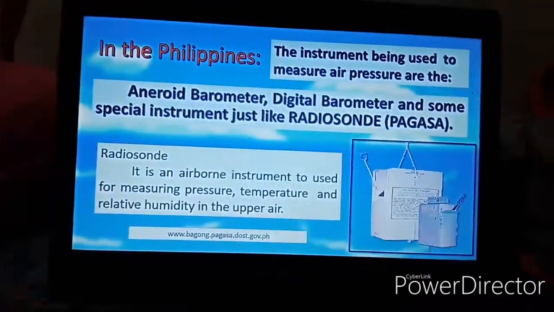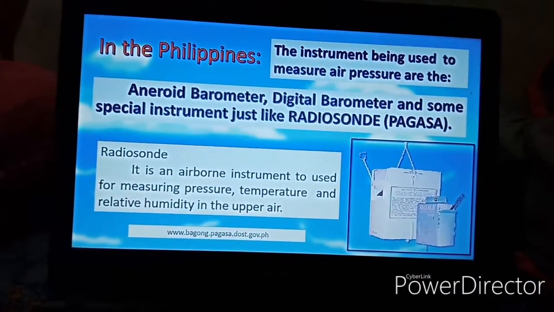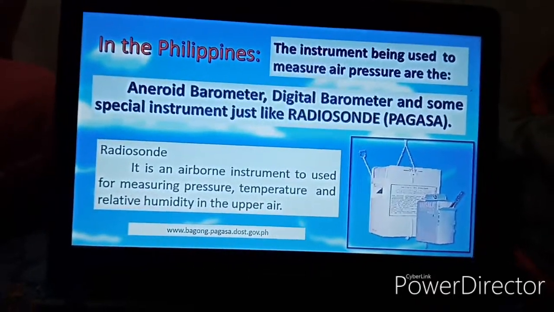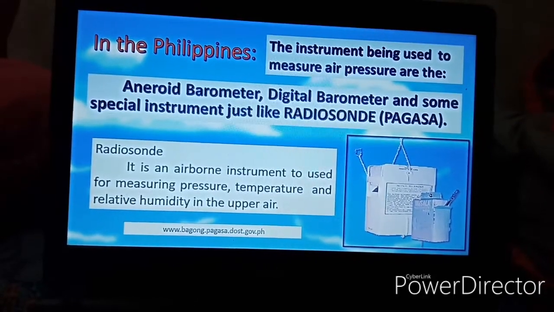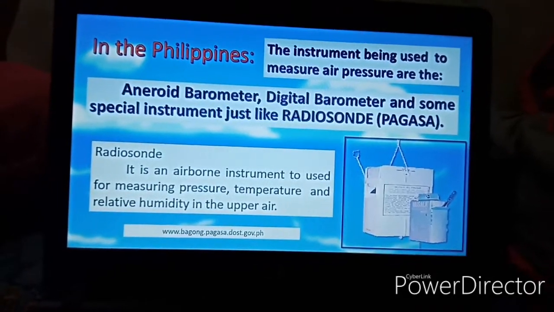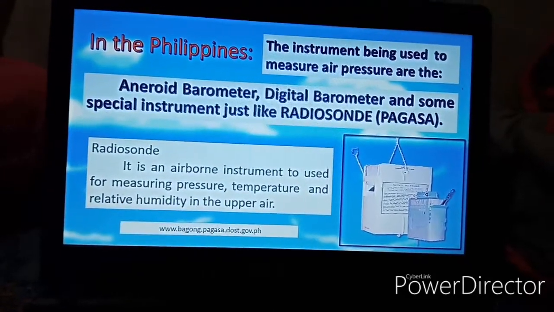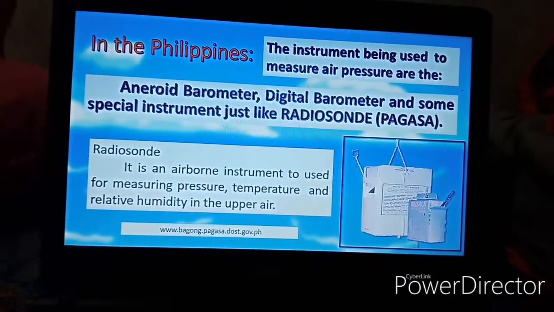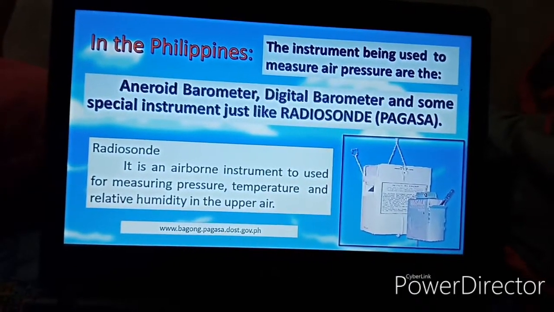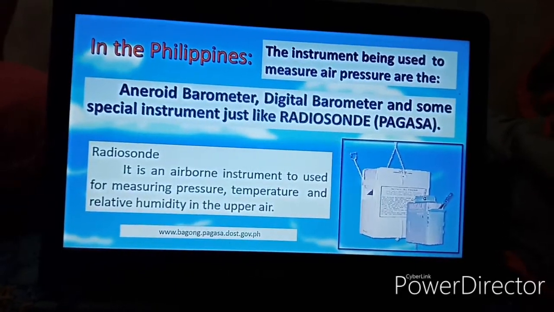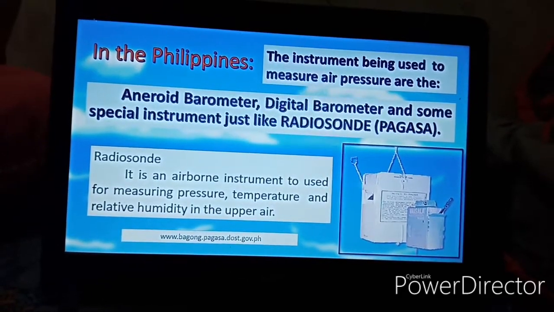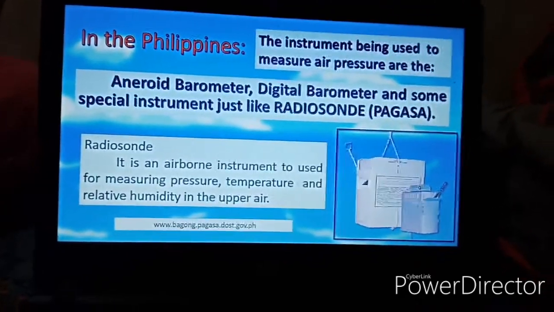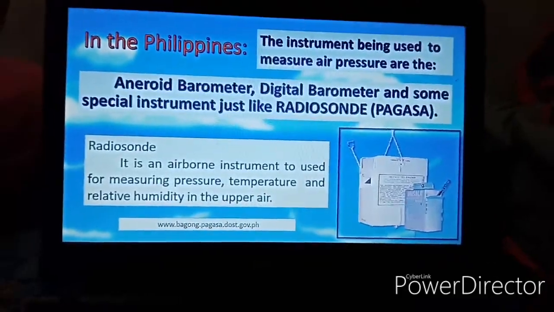Here in the Philippines, the instruments used to measure air pressure are the aneroid barometer, the digital barometer, and some special instruments like the radiosonde, according to PAGASA. A radiosonde is an airborne instrument used for measuring pressure, temperature, and relative humidity in the upper air. It is one of the different instruments used by PAGASA to measure the air pressure present in the Philippines.